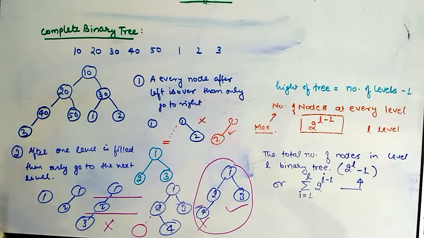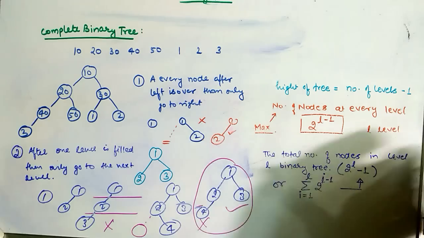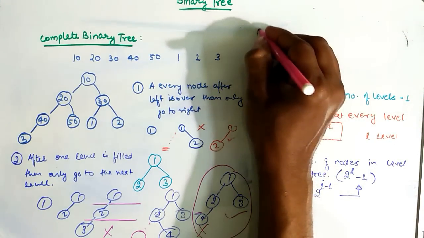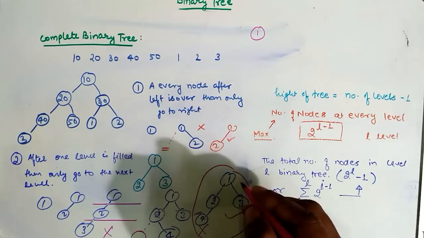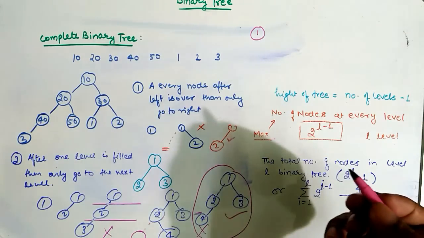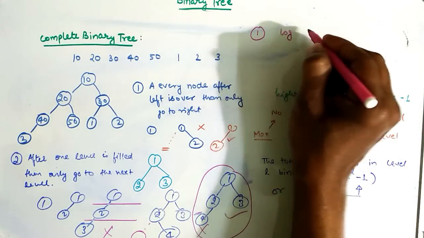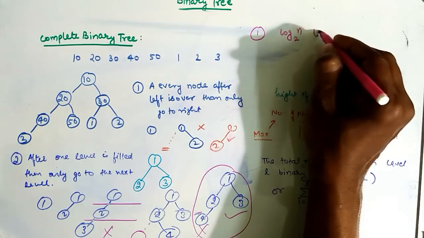Now in complete binary tree there are some corollaries. The first corollary is, for a complete binary tree, if n nodes are there in complete binary trees, then we have always log n base 2 levels.